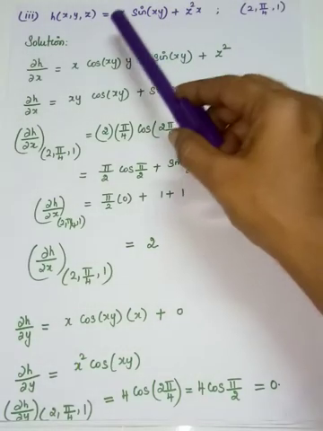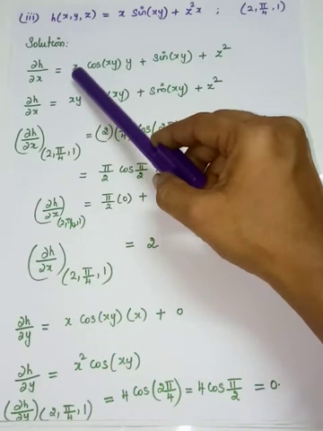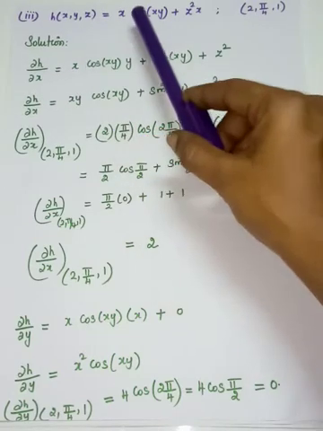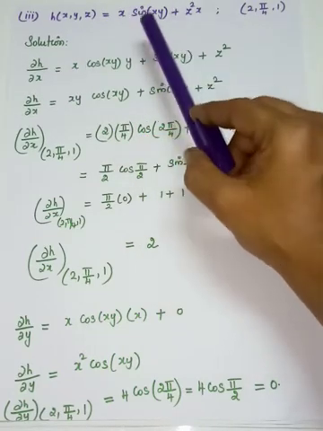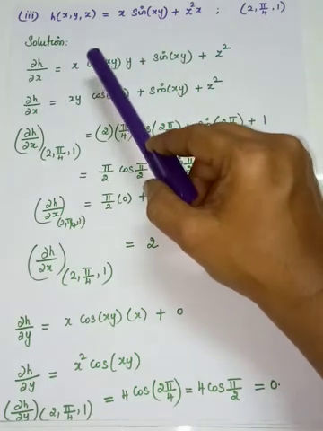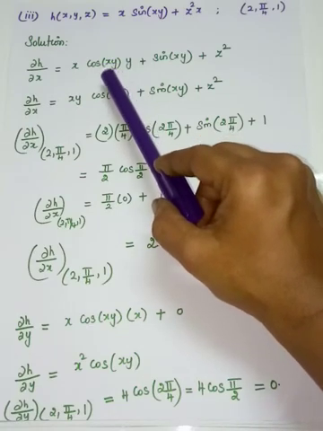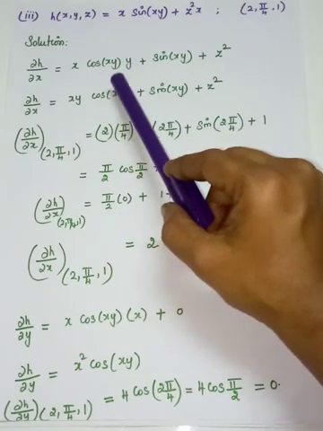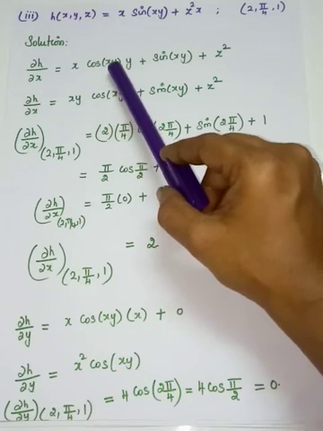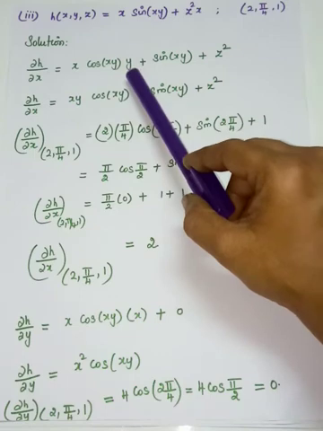Okay, so while you are using the product rule, the first term you have to keep as it is. You are going to differentiate sine of xy using chain rule. So it will become cos of xy, and you see that xy has to be differentiated partially with respect to x. Here in the xy, what is the constant? y is the constant, so it is taken out.